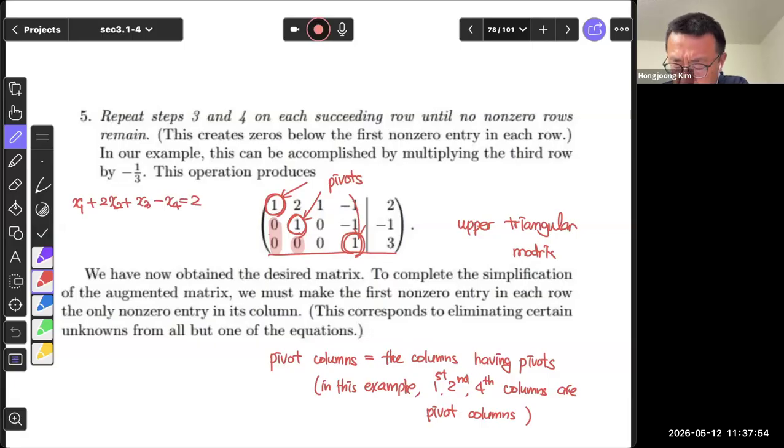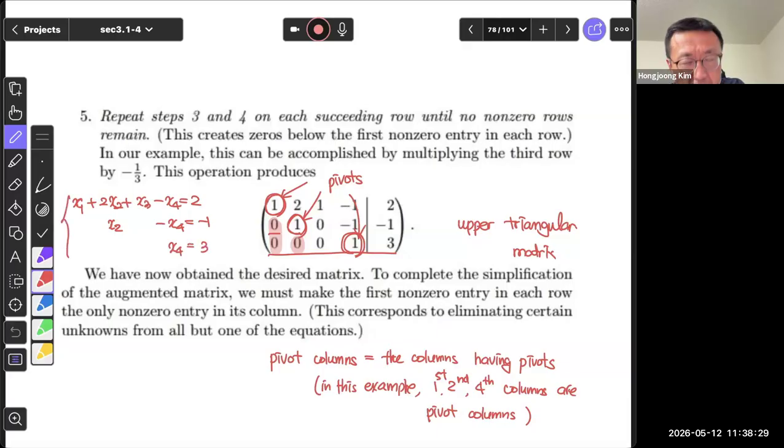And since the first number in the second row is 0, that 0 is the coefficient of x1, and x2 minus x4 equals negative 1 corresponds to the second row. And the third row implies that the first three numbers are zeros, the coefficients of x1, x2, and x3, so x4 equals 3.